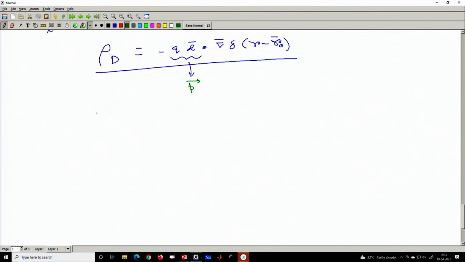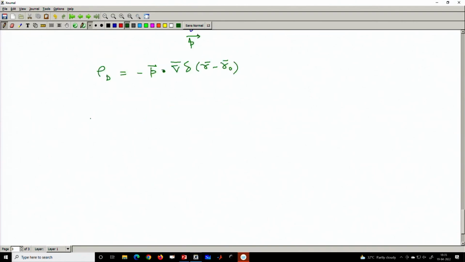So I can write the charge density as minus p dot the gradient of the delta function of r minus r0. Okay, so that we know. Now I know this is the expression for the charge density of a dipole.